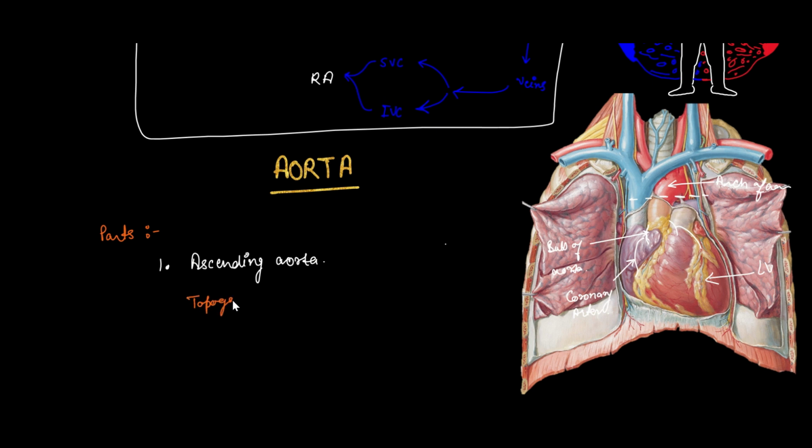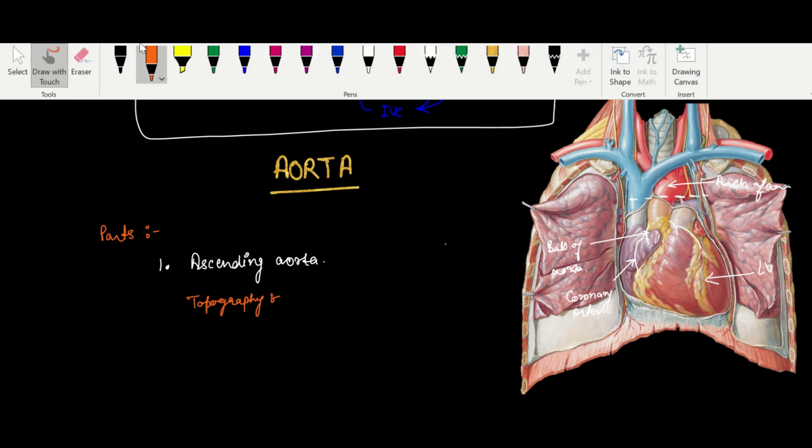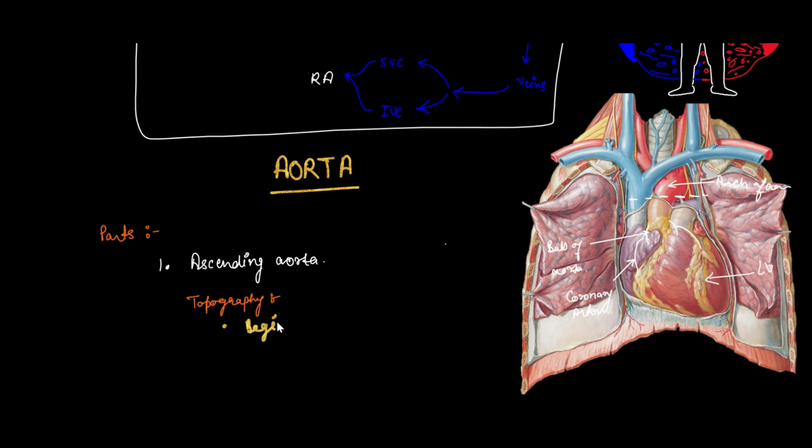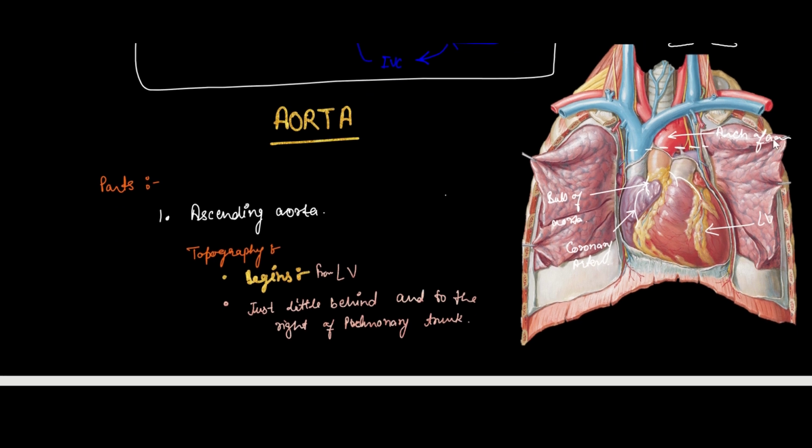So in topography, we clearly know that it begins from the left ventricle and lies just a little behind and to the right of the pulmonary trunk, and at the level of the right second rib cartilage it gets transformed into the second part, which is the arc of aorta.